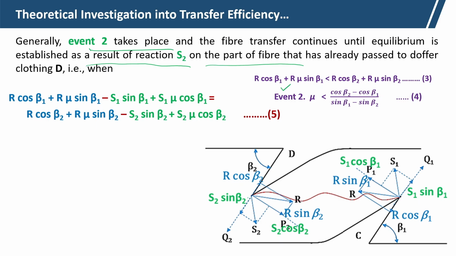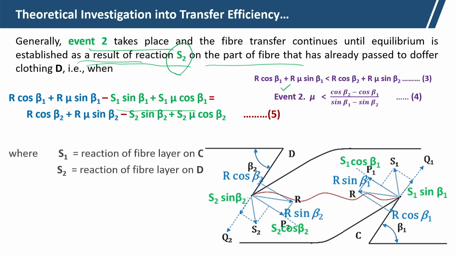And if we see this R cos beta plus R sin beta, and minus S. So, with the S, what is S here? S is the resultant reaction, minus S sin beta plus mu S1 sin beta 1.